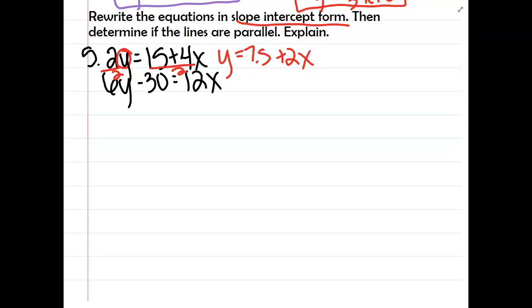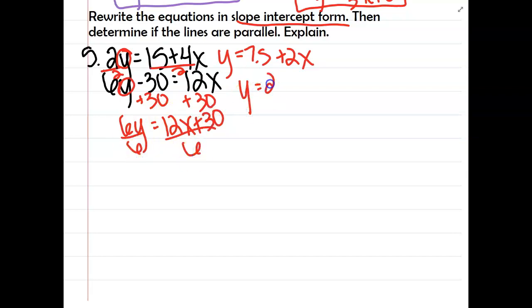Now the second one, to put it into y equals, what's the first thing I'd have to do? If I'm solving for y, I've got the 6 and the minus 30. Which of these would I have to get rid of first? The 30. Yeah, I have to add 30 both sides. So we have 6y equals 12x plus 30, and then divide by 6.